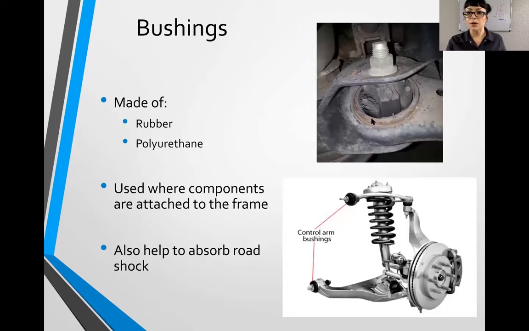So bushings, and here's an example, right? Let's say I've got a control arm that goes to my frame. Well, there's going to need to be some sort of give or movement, because if it's simply a metal on metal pivot, you're going to feel so much from the road, and it's going to be very uncomfortable. So we have these rubber pieces in between our metal components, just like we have joints and little sacks of fluid in between our joints.